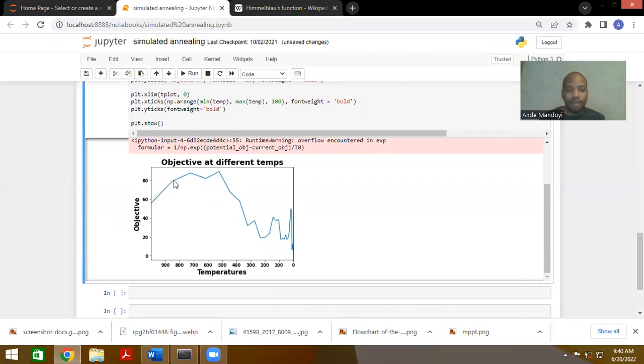Accepting these bad decisions allowed us to get to a point where we started decreasing. And we got to this local minima over here. But then we saw that we're going to get stuck here. Let's accept bad decisions again. We accepted bad decisions and the objective increased instead of decreased. But those bad decisions allowed us then to decrease and decrease up until this point, which is a lot better than the 60 that we started at.